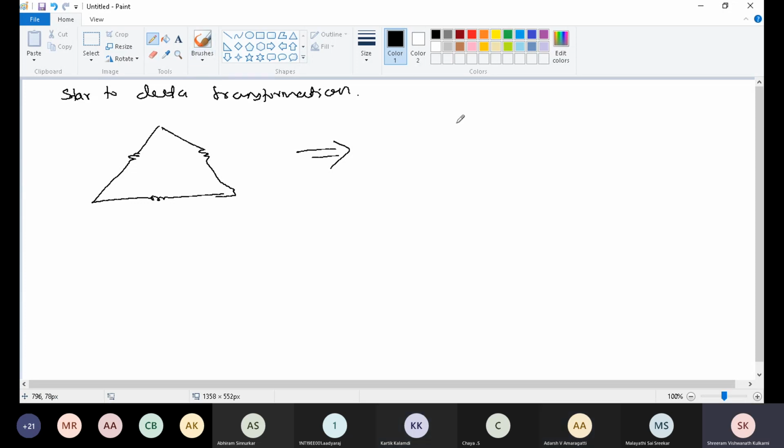Delta. Yeah. You people are simply saying yes. At least say when I say delta connected load to star, no sir, this is star, like that. Okay, delta to star.